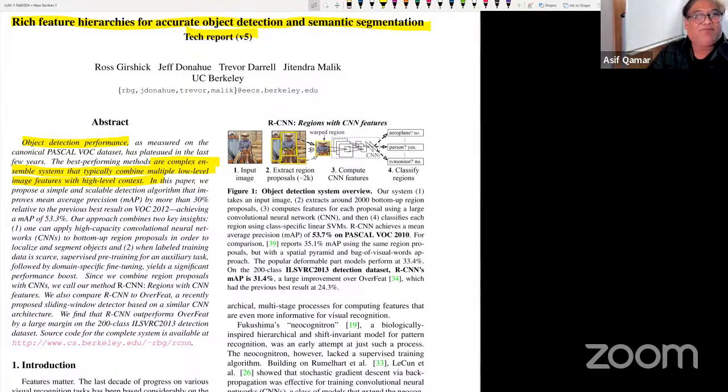RCNN was followed by fast RCNN because those guys didn't quite want to yield the floor to transformers. They believed that transformers, my goodness, how many resources they consume, and CNNs are really good. So they put up a pretty good fight, fast RCNN, which did well. And then they came up with faster RCNN, which did even better. And they went on to show that, look, it does better than the transformer methods.